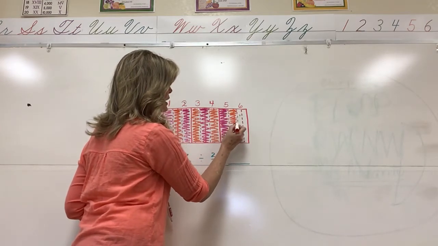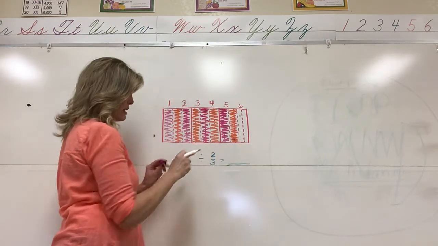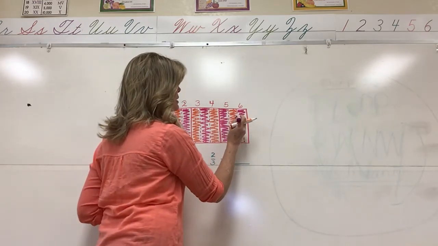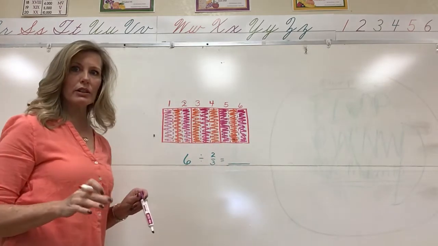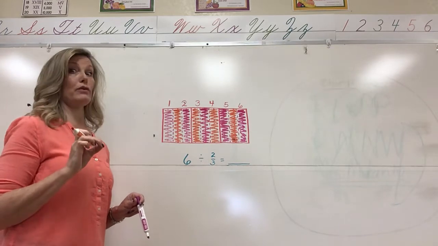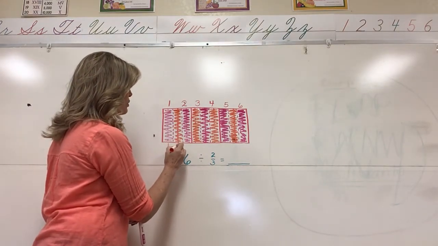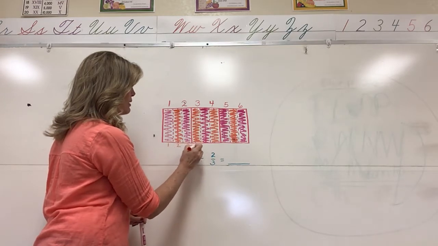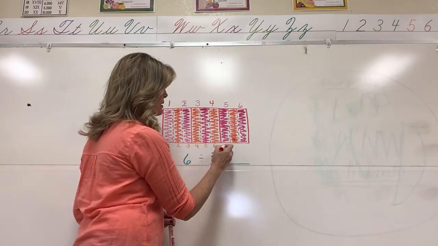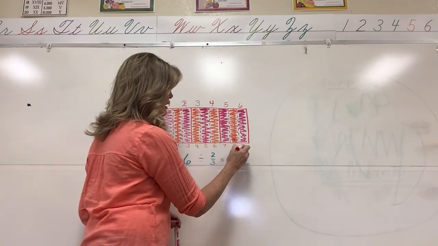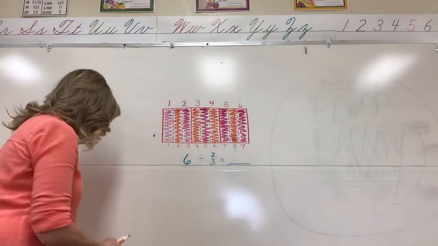Notice that I'm coloring 2 sections at a time. I'm doing 2 at a time because that's my numerator. And then I end up with one more set of 2/3. All right, now after I've colored those sections of 2/3, I count 1, 2, 3, 4, 5, 6, 7, 8, 9. I end up with 9 sections of 2/3.